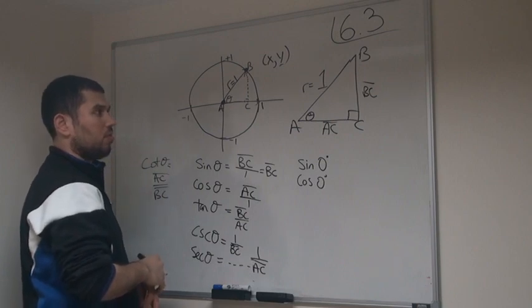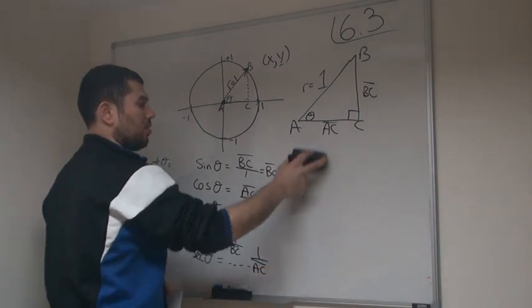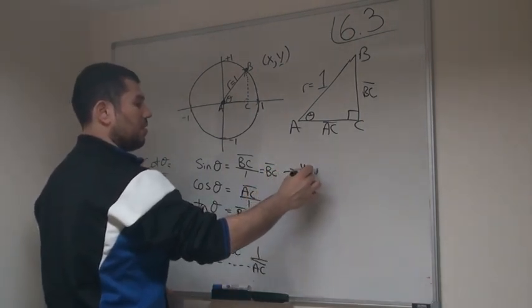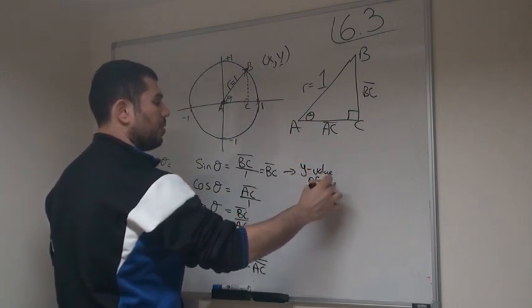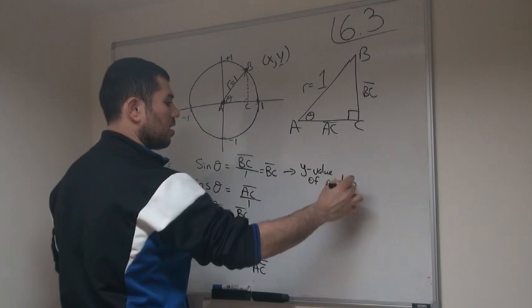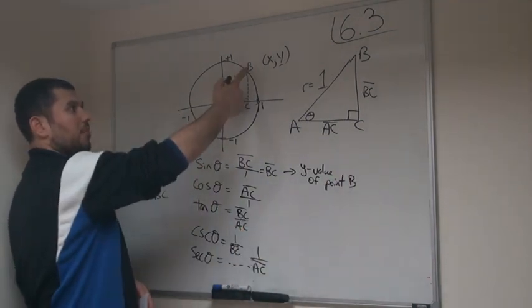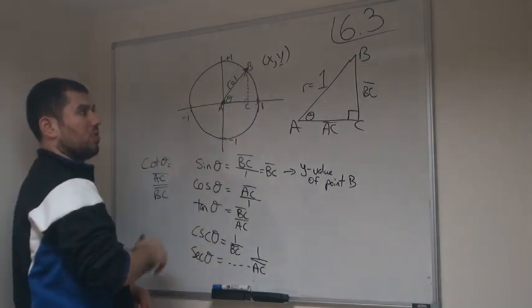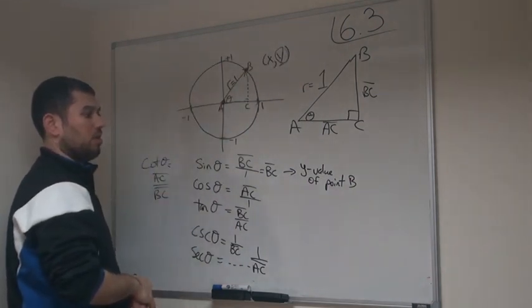So what I see here is the sine of theta is actually the y value of the point. BC is the y value of point B. That's what BC's length is equal to. If this is 3 comma 4, the length of BC is just 4. So the sine of this angle is equal to the y value of that point.